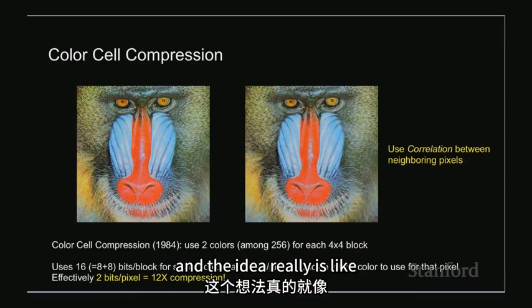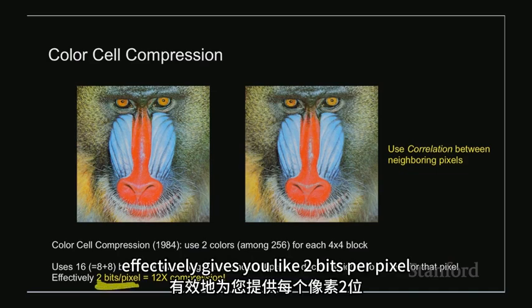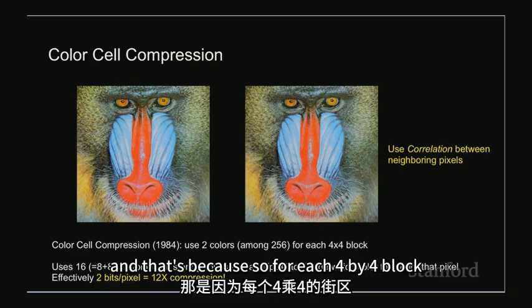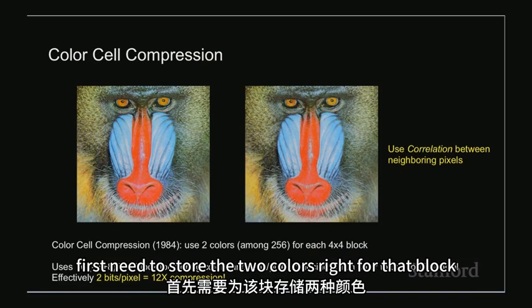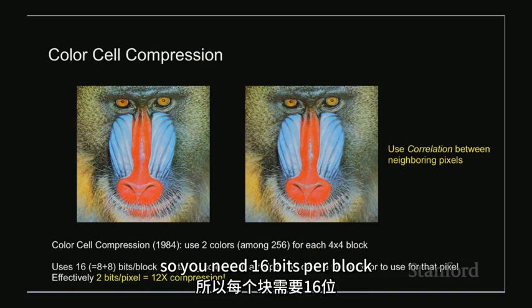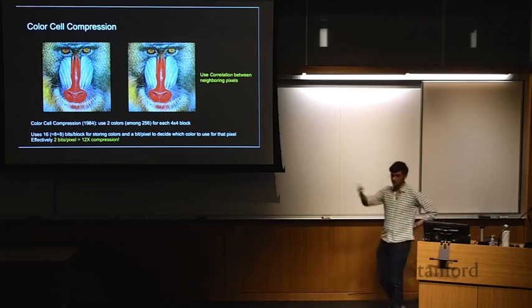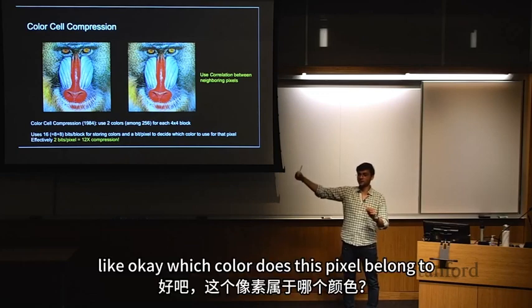The idea is that it effectively gives you 2 bits per pixel. For each 4x4 block, we first need to store the 2 colors for that block, so you need 16 bits per block. But then we also need some pointer to tell us which color each pixel belongs to.